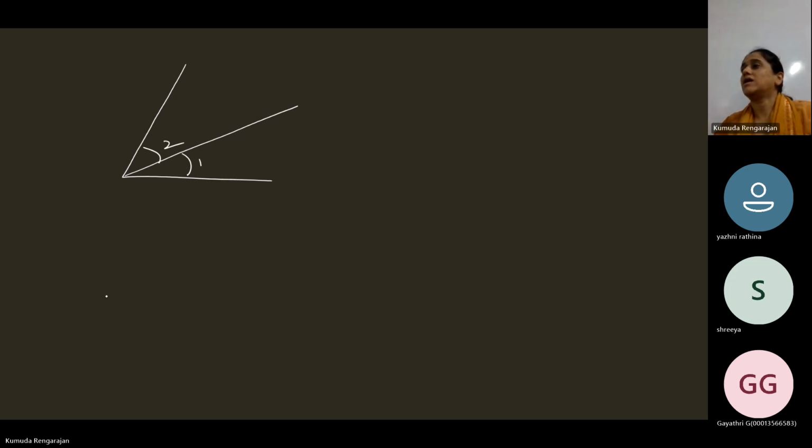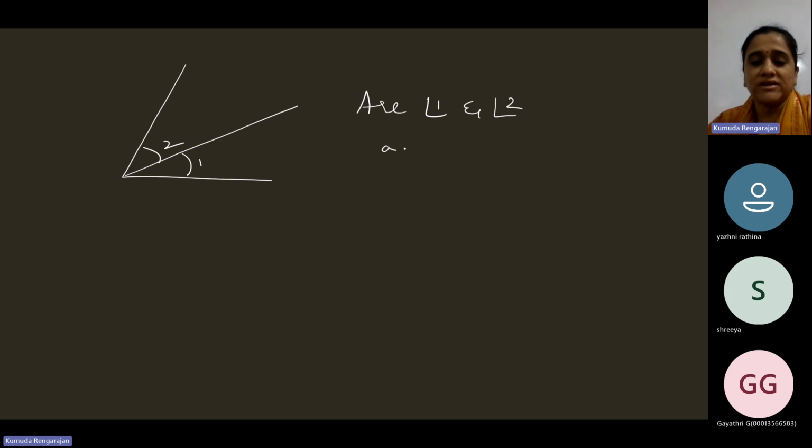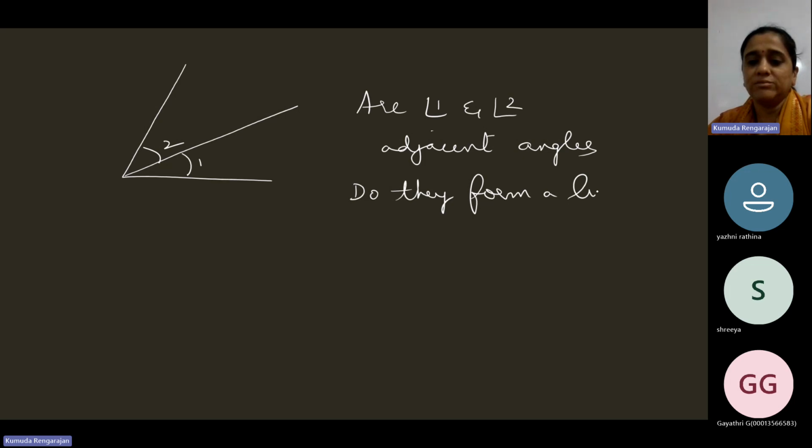Now, tell me if these two angles are adjacent angles and if they form a linear pair. Are angle 1 and angle 2 adjacent angles? Do they form a linear pair?